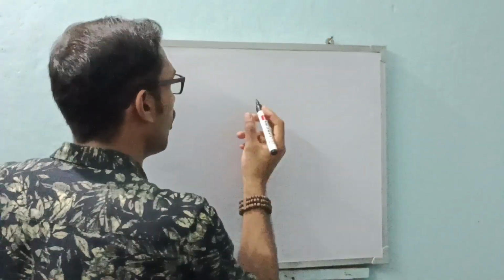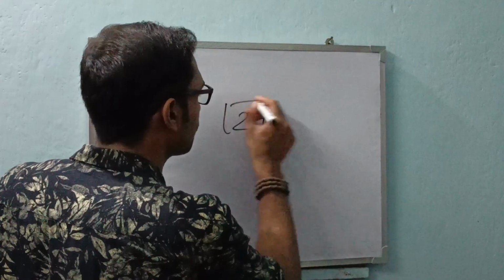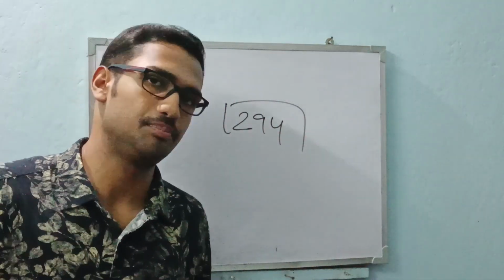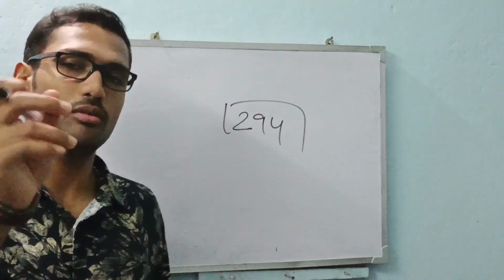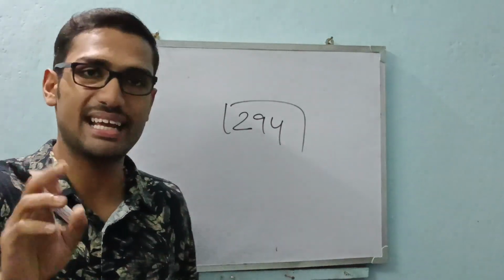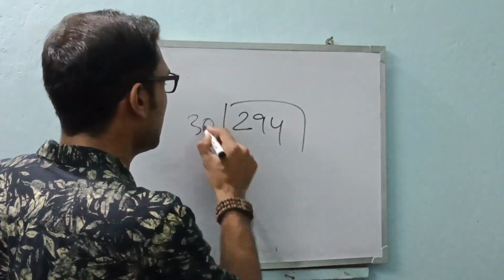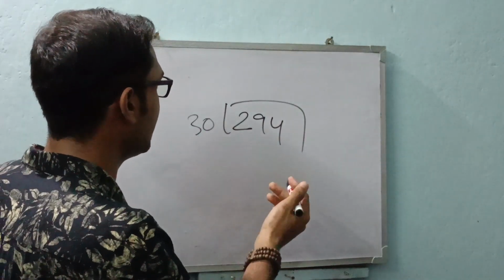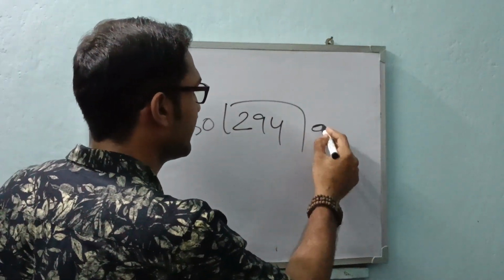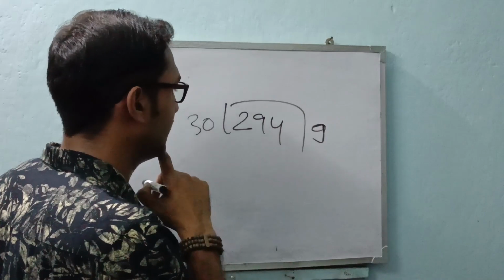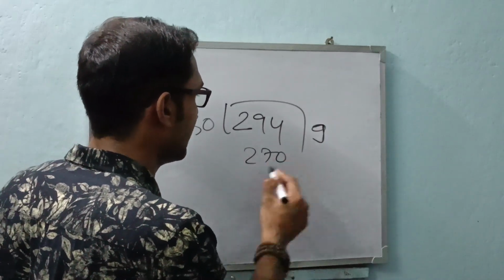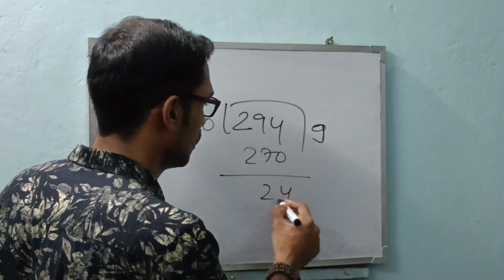So from 294, in order to find the month, what will I do? I will simply divide it by 30, and this was our second assumption. So if I divide it by 30, 30 times 9 is 270, and the remainder is 24.